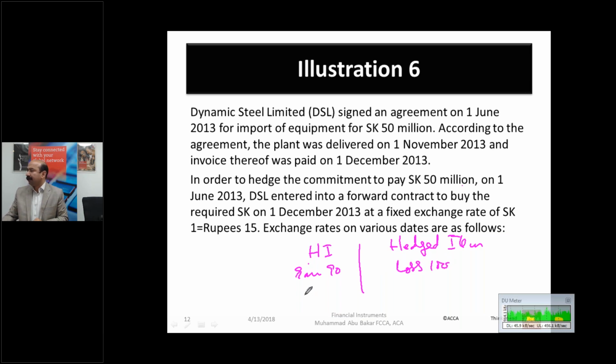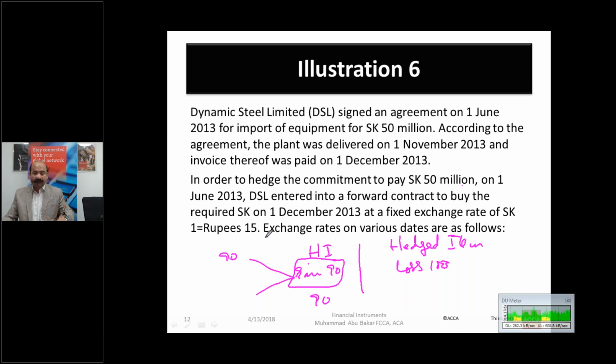So again, the effective portion is 90, but there is no ineffective portion because we need to divide this gain. The whole 90 can be used to offset this loss. This is not perfectly effective, but there is no ineffective portion here. Shakil, I hope it is clear. Other questions? No question. Okay.